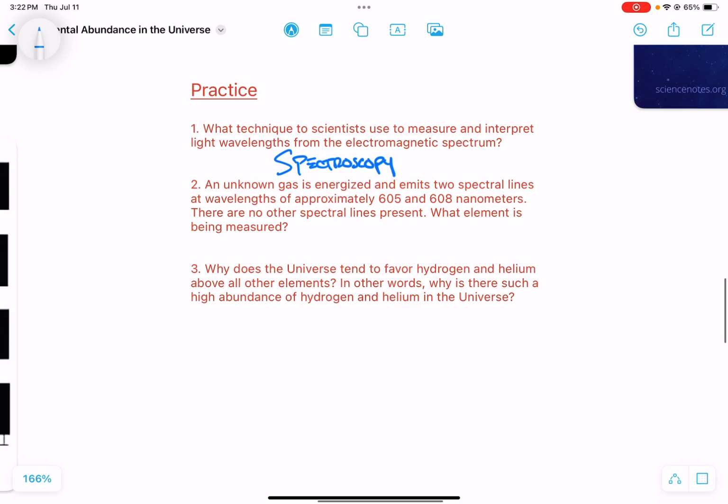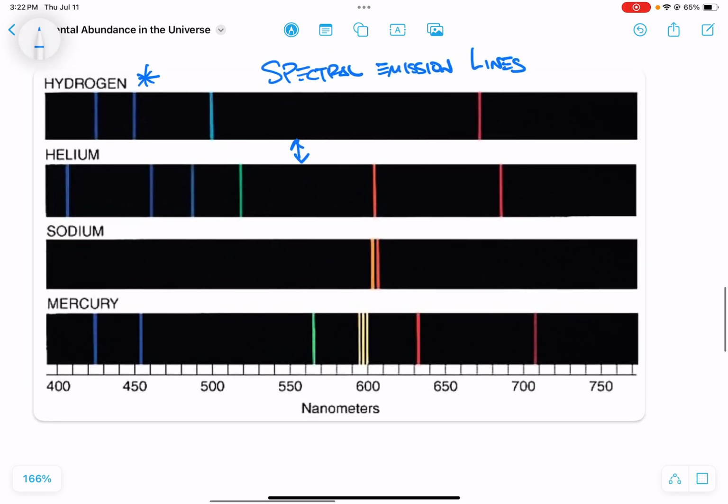Question number 2. An unknown gas is energized and emits 2 spectral lines at wavelengths of approximately 605 and 608 nanometers. There are no other spectral lines present. What element is being measured? Well, let's look on our little handy chart over here. 605 and 608 appear to be right about here on our chart, and we're looking for 2 lines.